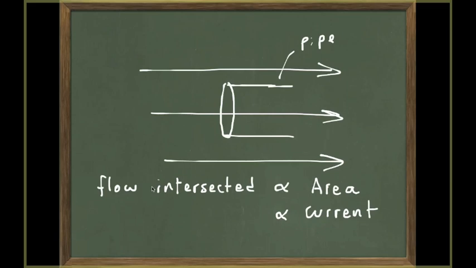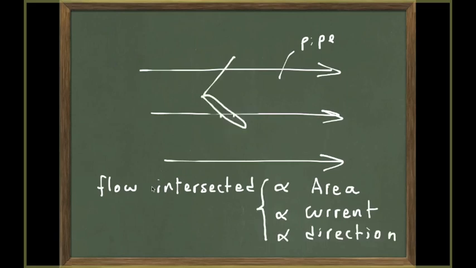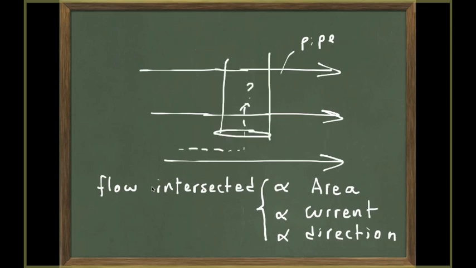And what's the third? The direction. It's not the same to put a pipe facing this way than to put a pipe facing this way, right? If the cross-section of the pipe is right across, or it's intersecting the current in the river, then you're good. But if the pipe is facing this way, then the water would have to kind of bend 90 degrees to get into the pipe, okay?